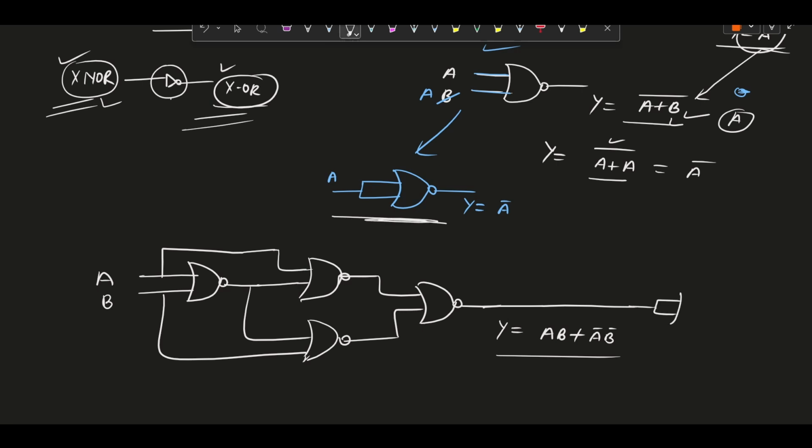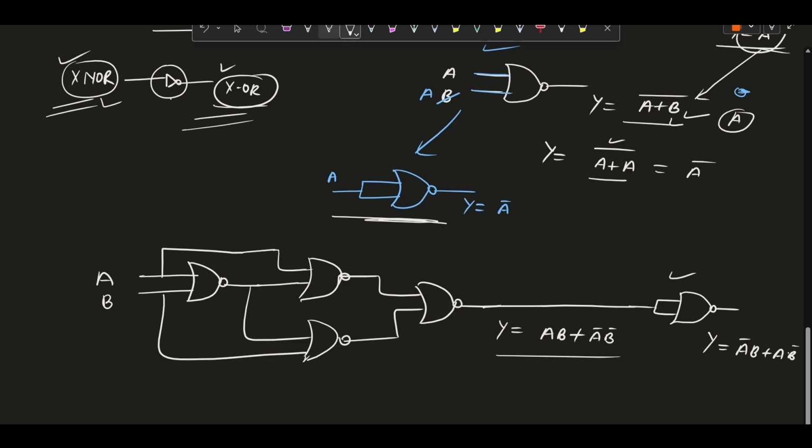Here I am connecting the output of the XNOR gate to another NOT gate, which is the NOT gate representation using NOR gate, and now I will get the final output as the XOR gate, meaning A complement into B plus A into B complement.